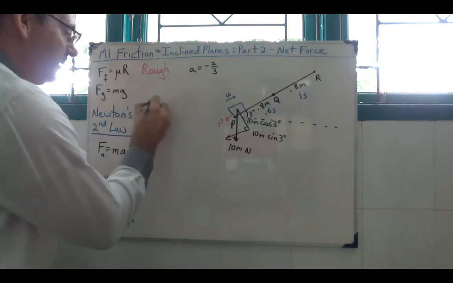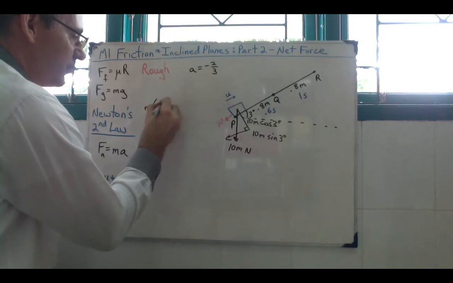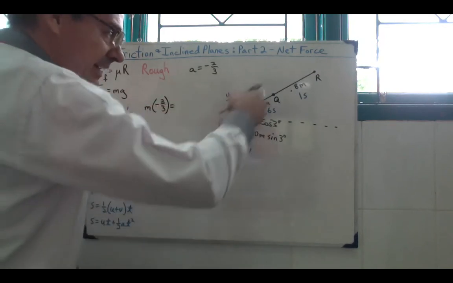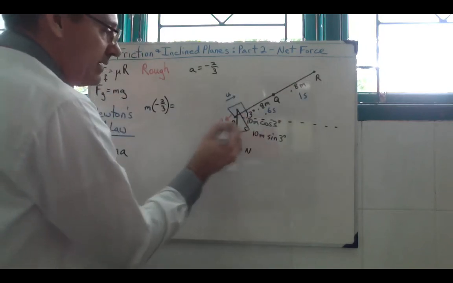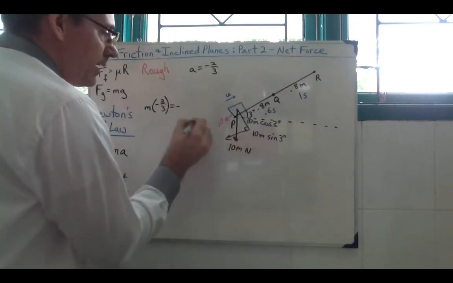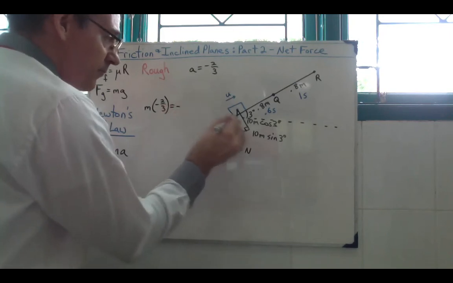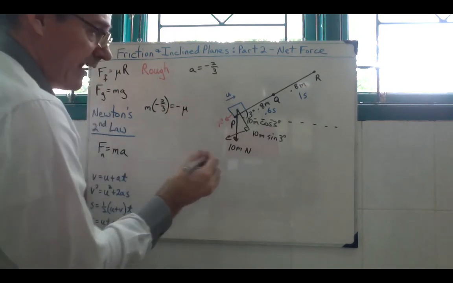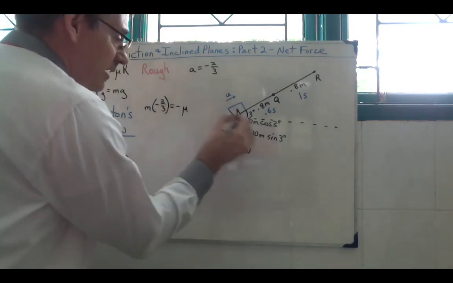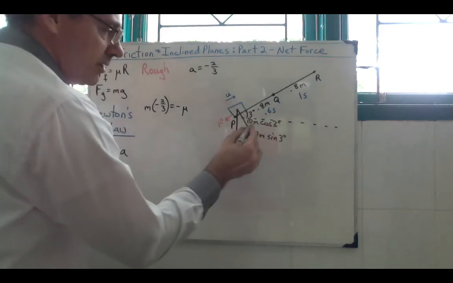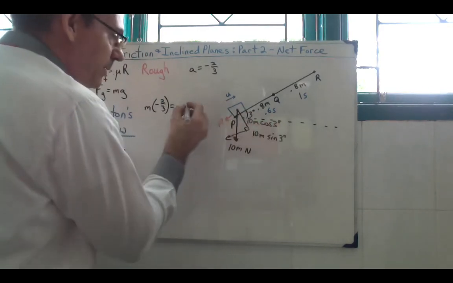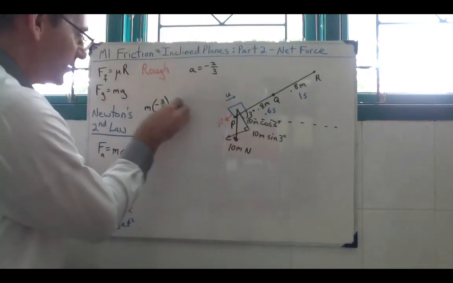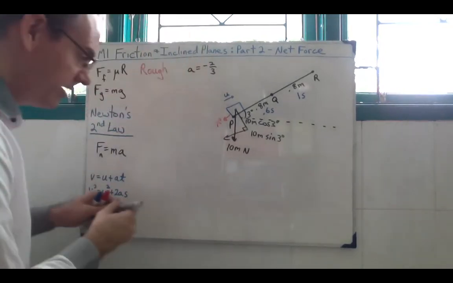So mass times acceleration is negative 2/3 equals, and these are both going against our motion, so a negative force of friction, which is our mu times the normal contact force, which is our 10m cosine 3. And I think I'm going to write this down a little lower because we need a long equation here.